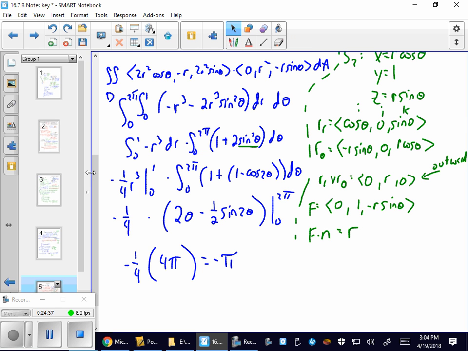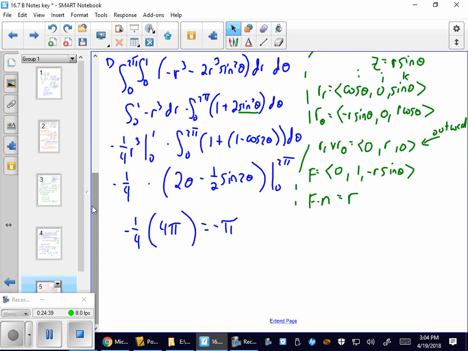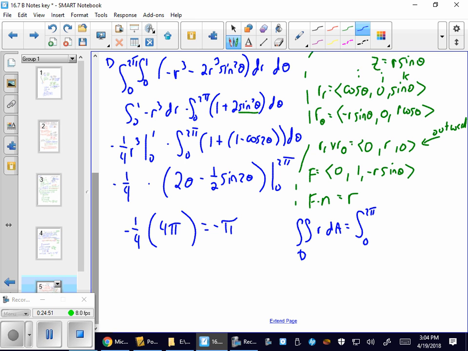So our double integral, this one should be a little quicker. Double integral over F dot n dA, which will be the double integral 0 to 2 pi, still going all the way around because it's the disk. 0 to 1, the radius, r, dr, d theta.